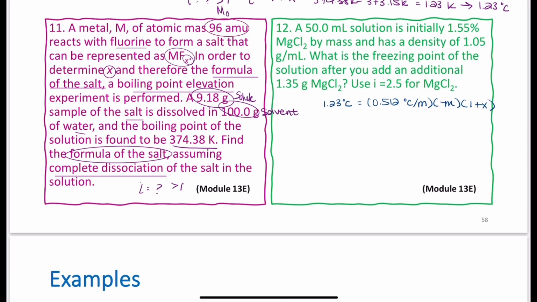When I solve this through, I'm going to divide both sides by that 0.512 degrees C per molal first.